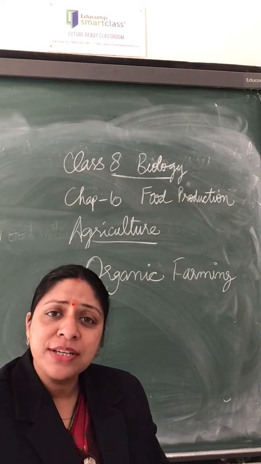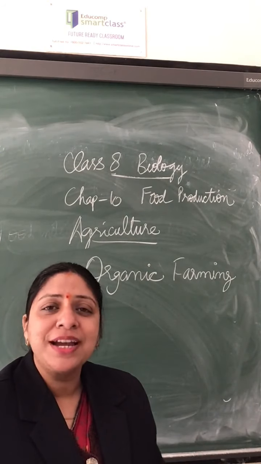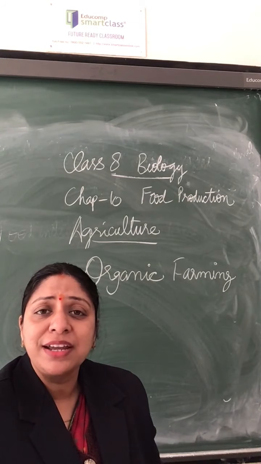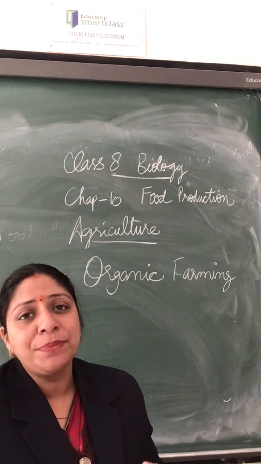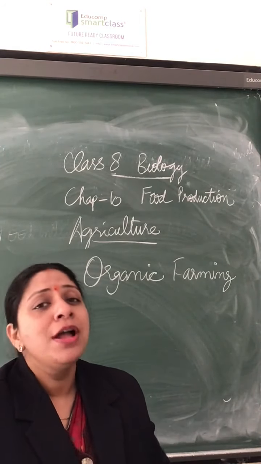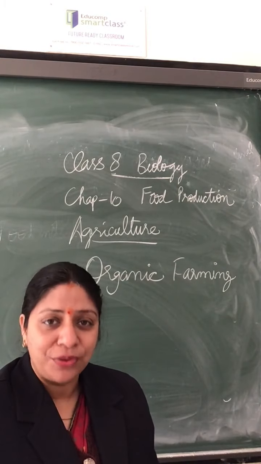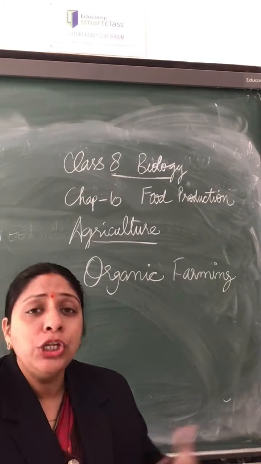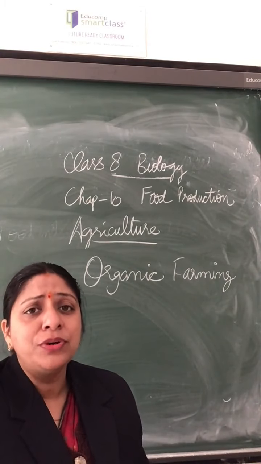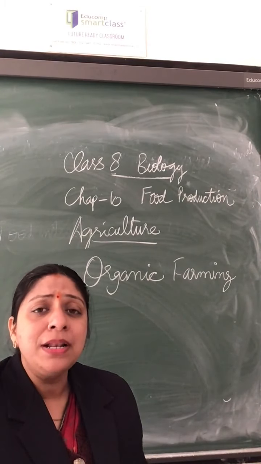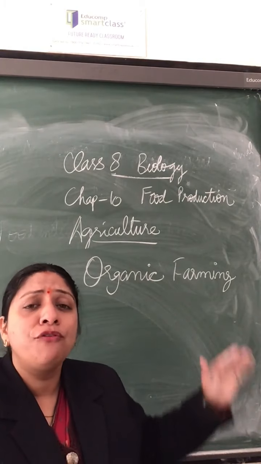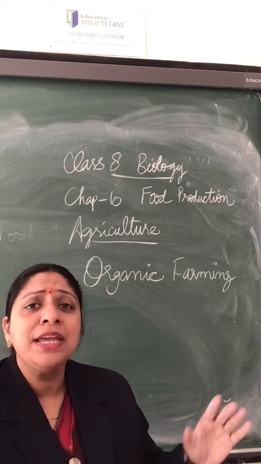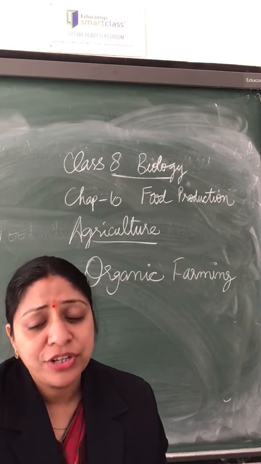When the composition does not change, the useful bacteria and the earthworms and other organisms which are very useful during agriculture will not get any harm, and therefore they can be protected. Okay, and therefore organic farming is a very new trend in the world, and many people are preferring to go for organic products rather than the normally grown products from the agricultural fields.